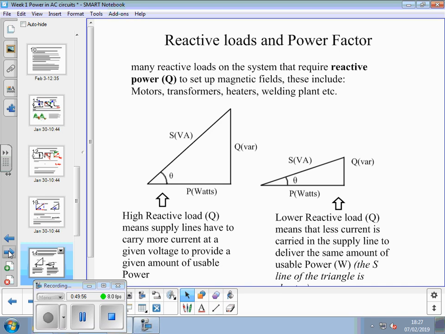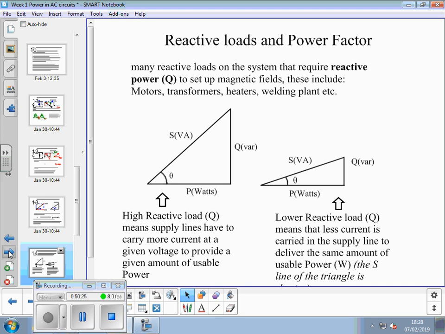So, reactive loads and power factor. Many reactive loads on the system require reactive power Q to set up magnetic fields, which include motors, transformers, heaters, welding plant and so on. If you've got a high reactive load, high Q, it means supply lines have to carry more current at a given voltage to provide a given amount of usable power.